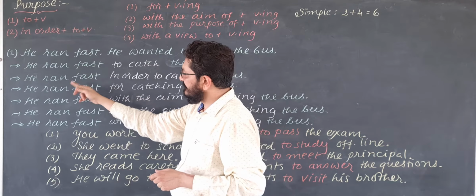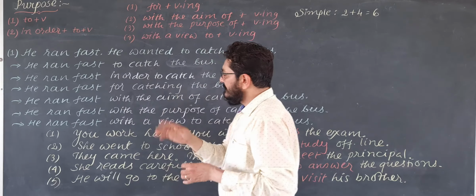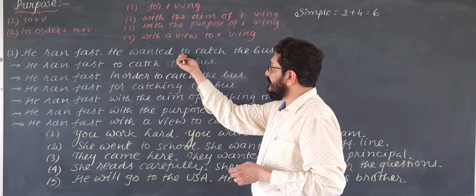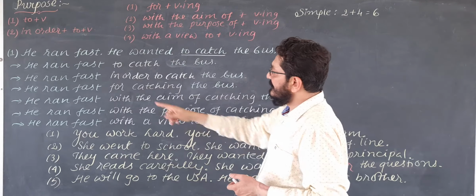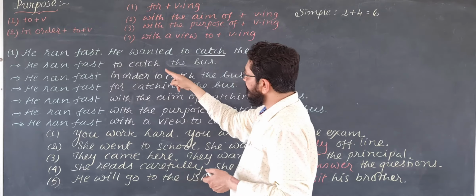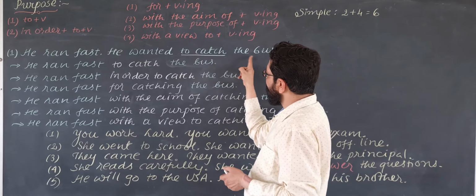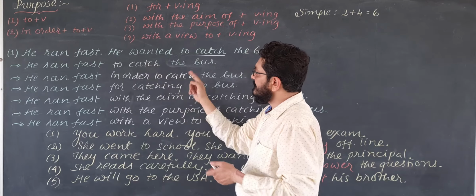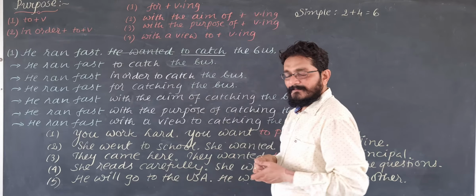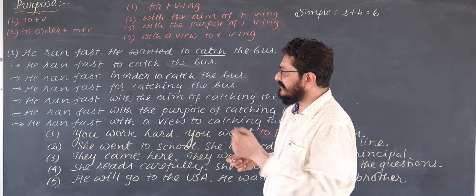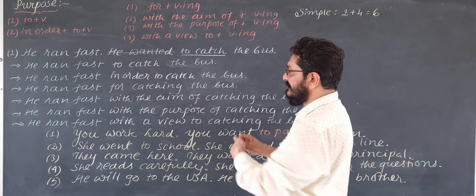He ran fast. See, check what is happening here. To catch. He ran fast, then to catch the bus. So this "he wanted" has been eliminated. So this is a simple sentence.